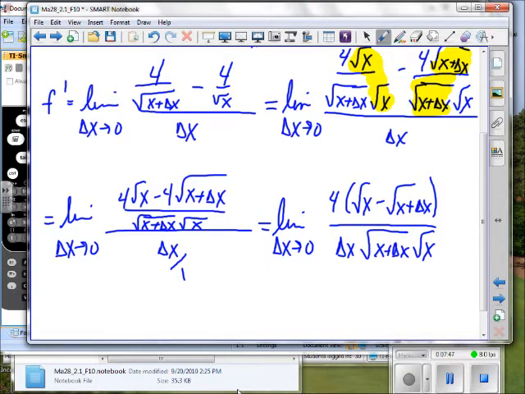But we've done this before. I'm pretty sure we've done this before. Ever hear of rationalizing? Yeah, well, what do you think? Well, see, some of you tried to do that last week, I think. Was it in this class?